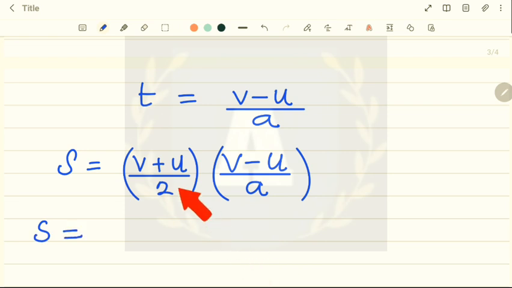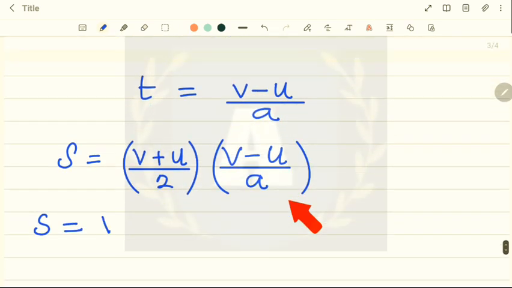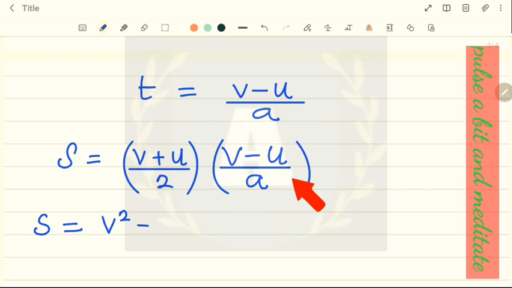You multiply the numerator by the numerator, the denominator by the denominator. V multiply by V, that is V squared. Then V multiply by minus U, that is minus VU. Then plus U multiply by V, that is plus VU.